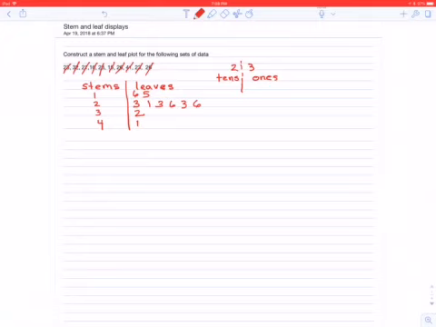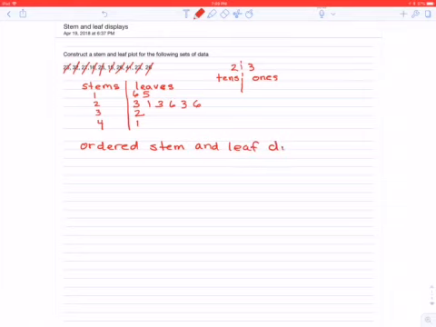All right, so I'm going to put the leaves in order to create what we'll call an ordered stem and leaf display. Well, our stems are already in order. 1, 2, 3, 4.